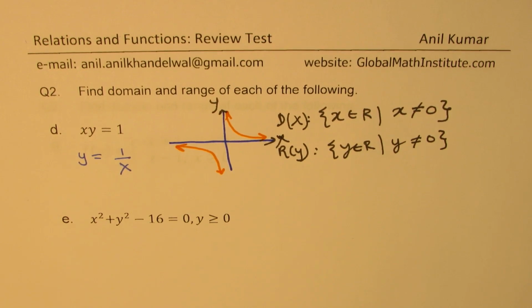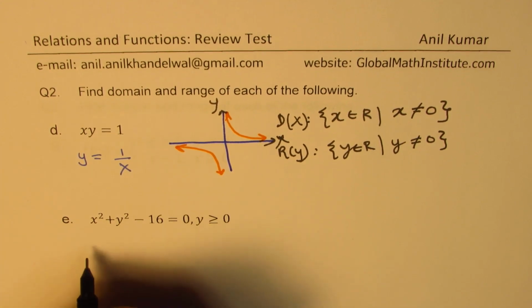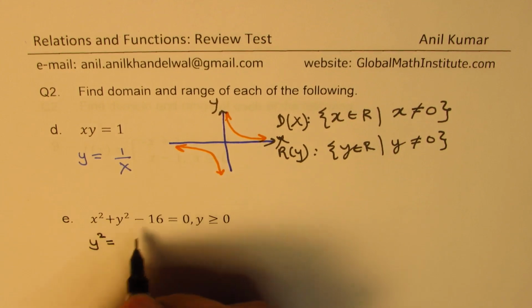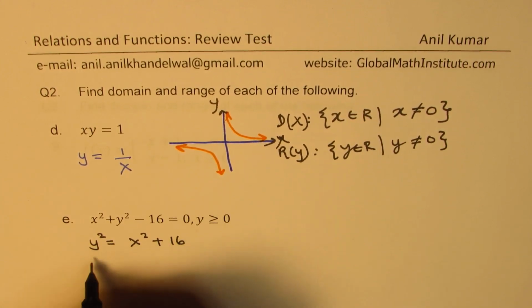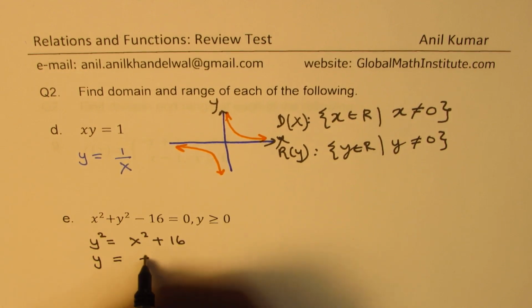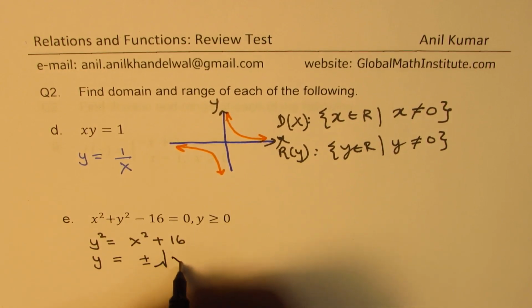The next part here is x squared plus y squared minus 16 equals 0, where y is greater than or equal to 0. Okay, let's first rearrange. So we get y squared equals x squared plus 16, and we get y equals plus or minus square root of x squared plus 16.